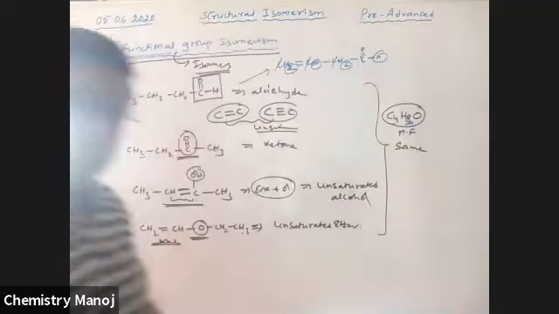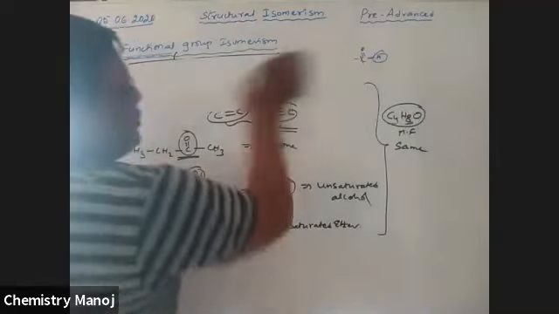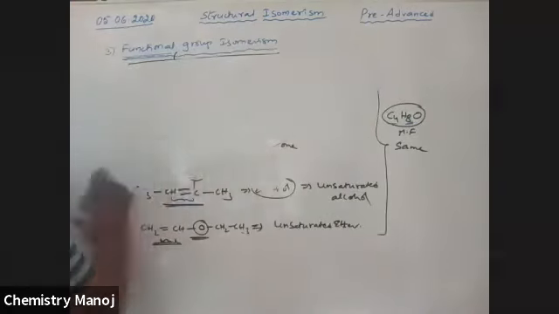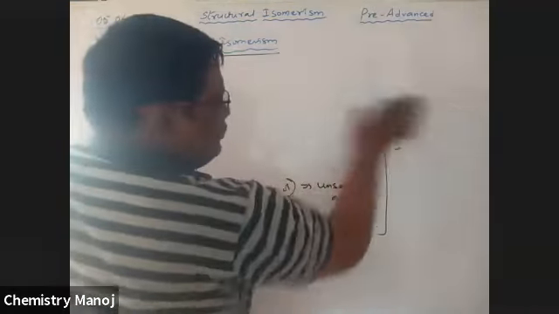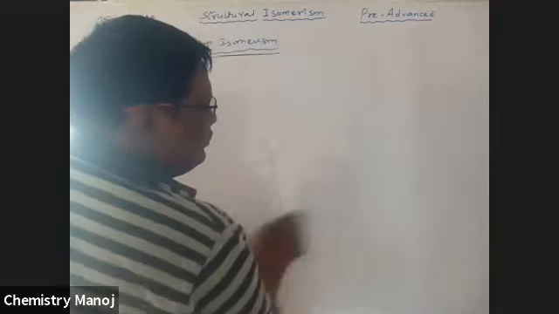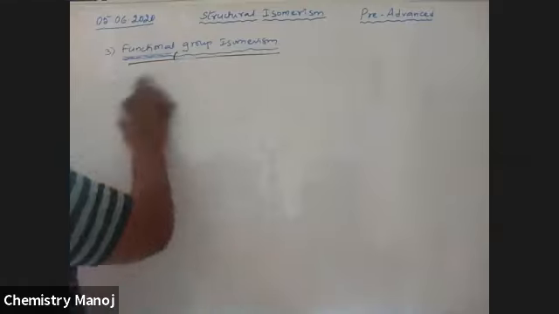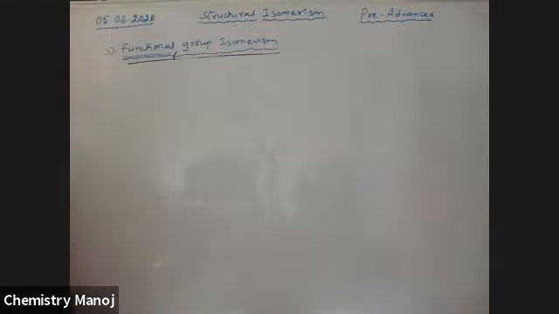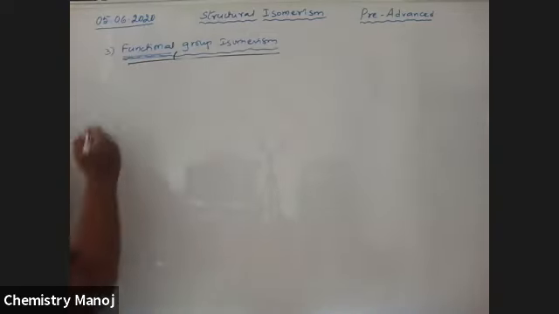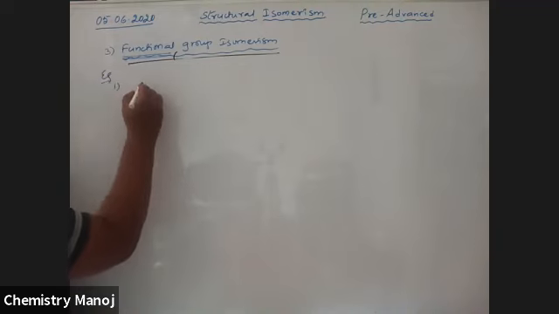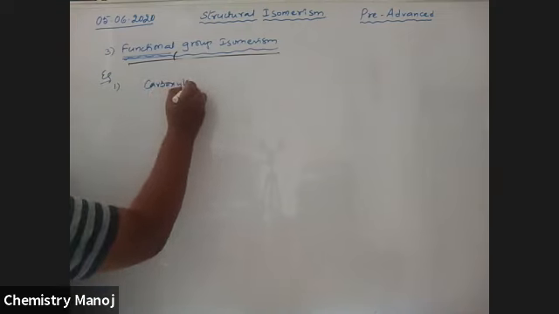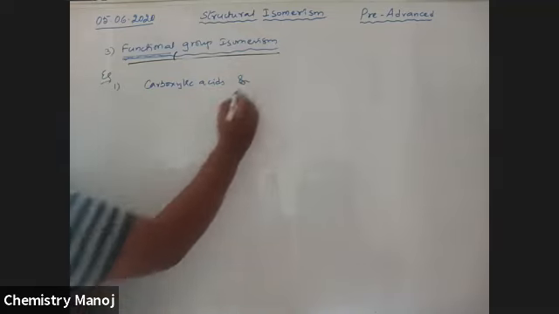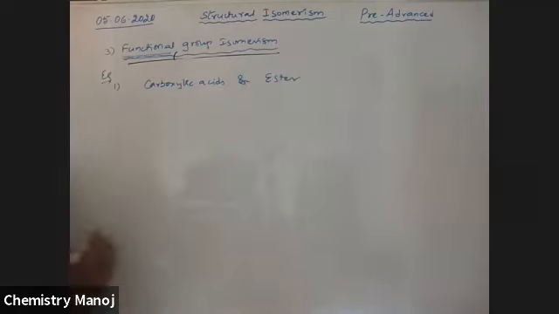Once again, I am repeating what those classes are. First, carboxylic acids and esters are functional isomers.